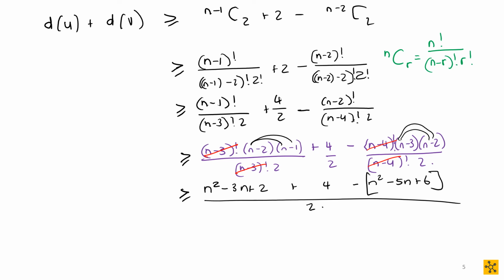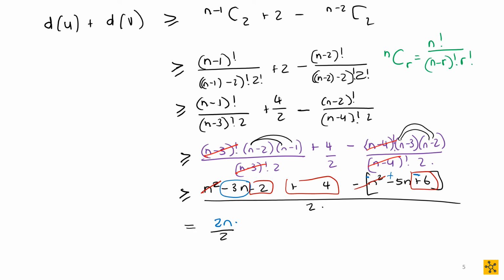Okay, and if we do that, we're now going to get minus 3n, and the minus in front of the bracket becomes a plus, so that becomes 5n. So we have 2n coming out. Our n squared cancels with our n squared there. We have plus 2 here, plus 4 here, minus 6 here, that cancels out. Everything divided by 2.